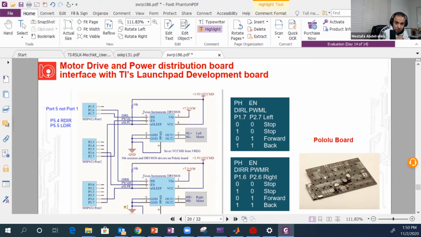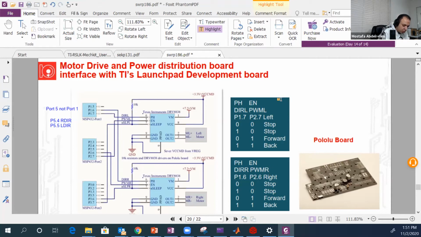It will not work. If you put 1, then you look at the phase and the enable pins, what kind of voltages they have, to know if it's going forward or backward, and also the speed. And this is summarized here in these 2 tables.